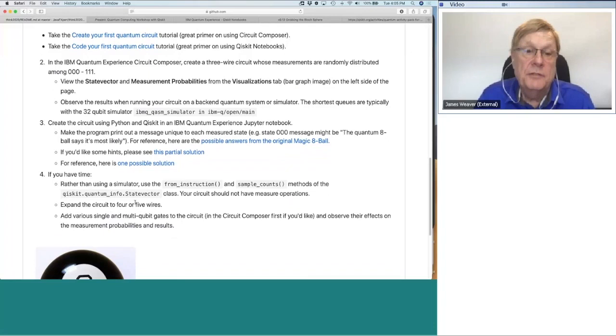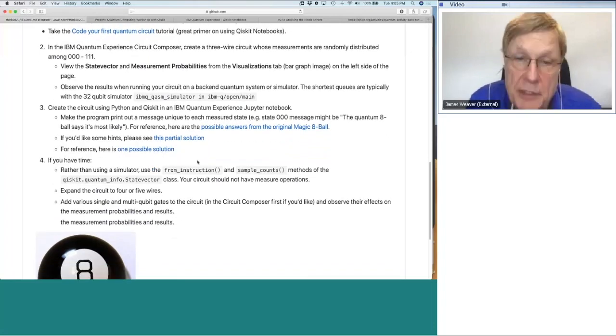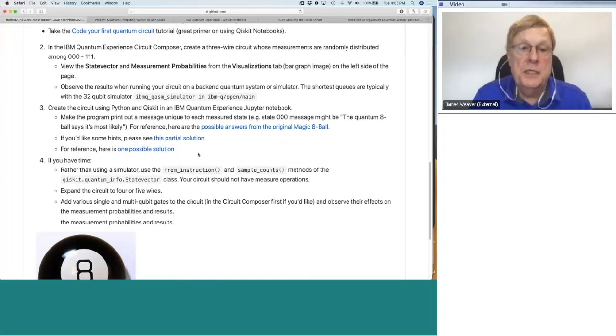And then if you have time, very newly introduced into Qiskit, in version 18, is the ability to do measurements like this, to sample from a quantum state without using a simulator. So you're using some methods of this state vector class.